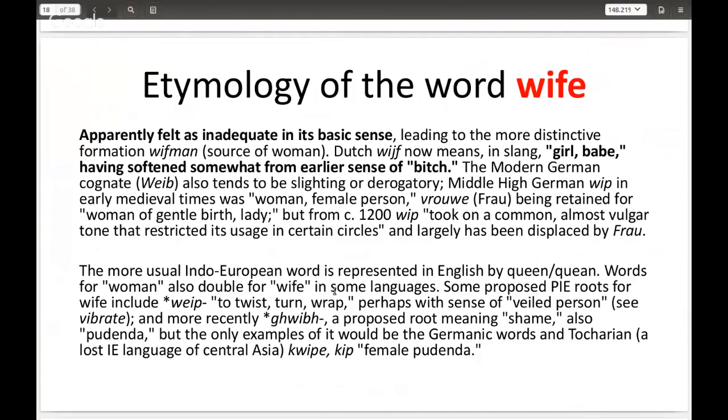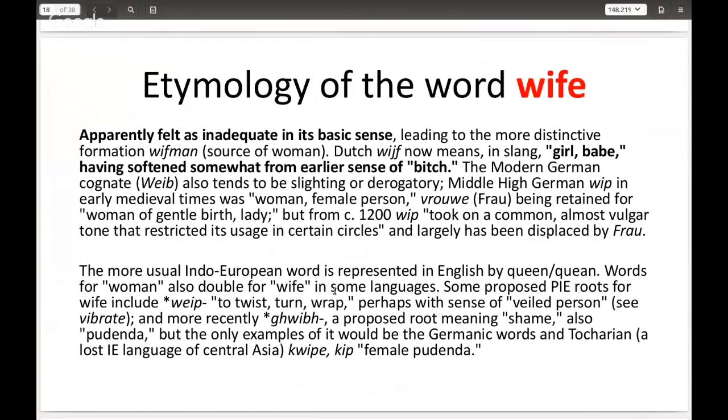Remember, that's where we get the word woman from. Dutch, for example, has the word wijf, which now means in slang girl or babe, having softened somewhat from an earlier sense of bitch. The modern German cognate also tends to be slighting or derogatory. So we understand that this word has more of a derogatory sense to it. And so it's not a word of honor and praise.